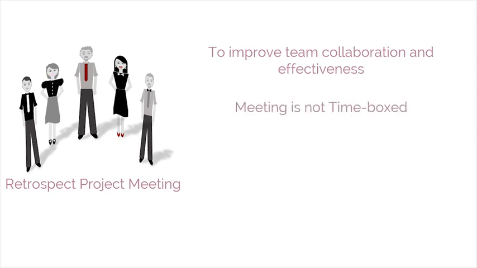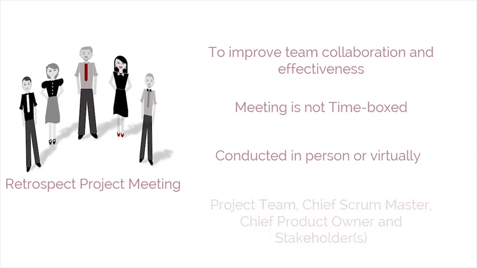This meeting is not time-boxed and may be conducted in person or in a virtual environment. Attendees include the project team, Chief Scrum Master, Chief Product Owner, and stakeholders. During the meeting, lessons learned are documented and participants look for opportunities to improve processes and address inefficiencies.